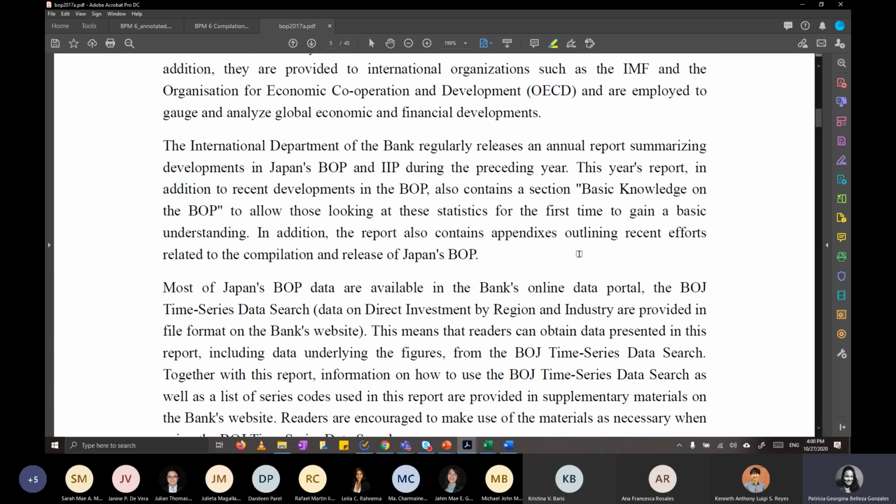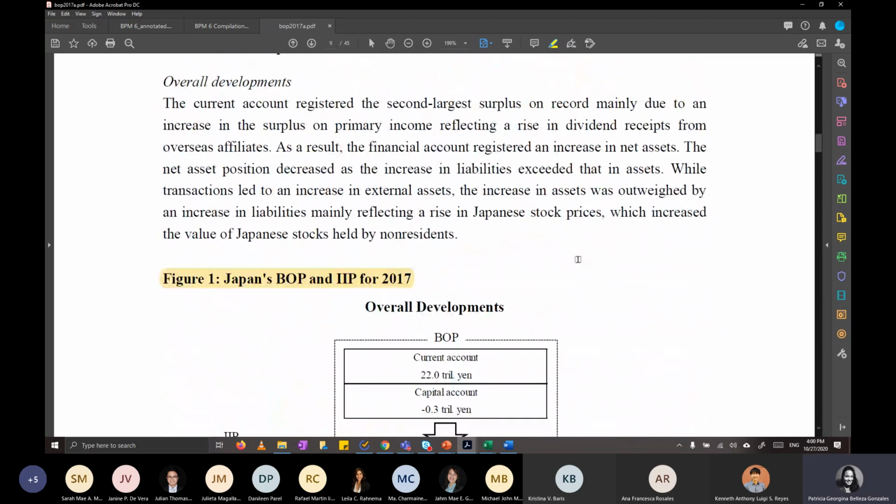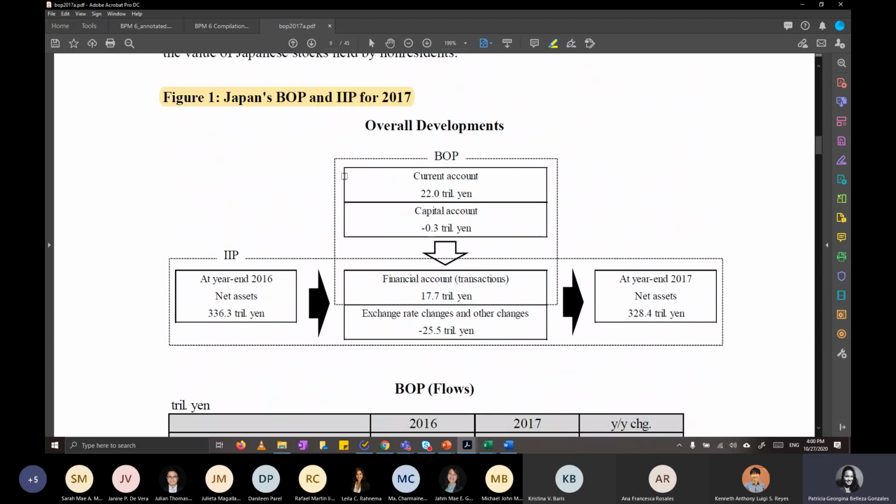And then I just want to show you a schematic that they did here. Again, they related the whole thing. So they have the opening IIP, the ending IIP, and then current account and capital account feeding into the financial account, as this has to finance these.